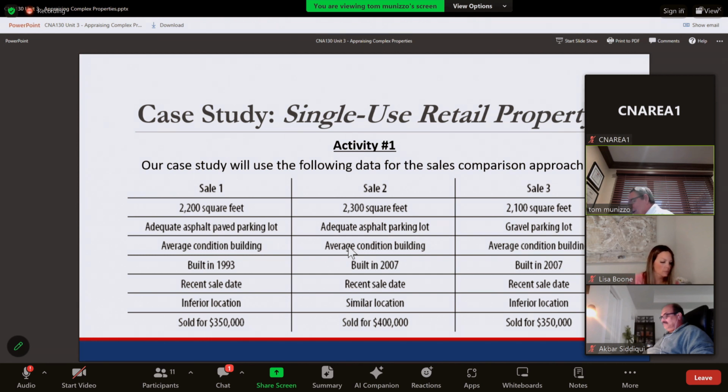So the market is not supporting a square footage adjustment, probably because we're only looking at a very small variance, but we'll see how this appears at the end. Gravel parking lot, 3% versus asphalt paved; 5% for a 7-year age difference; 5% for inferior location. What is the range of value for the subject property?